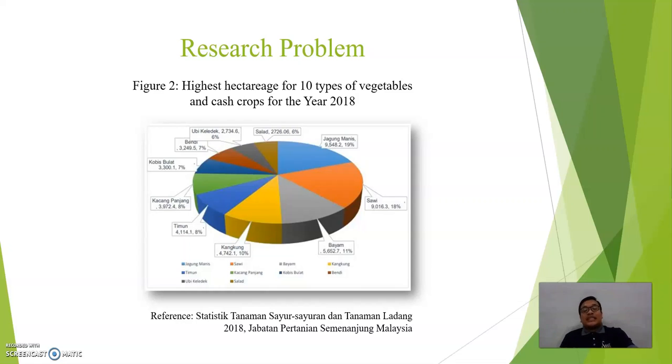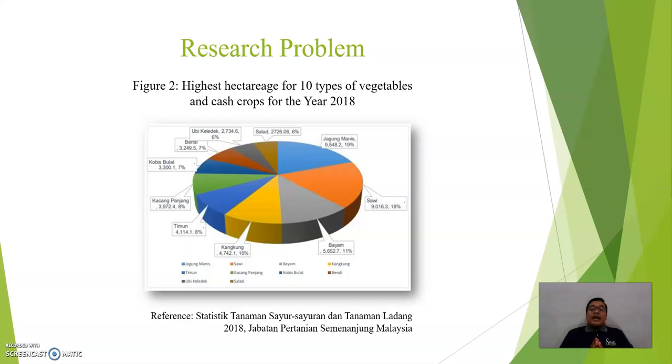This statistic comes from Jabatan Pertanian Semenanjung Malaysia in their Statistik Tanaman Sayur-sayuran and Tanaman Ladang 2018. In this pie chart, we can see that sweet potato is in 9th place of the highest hectares for 10 types of vegetables.